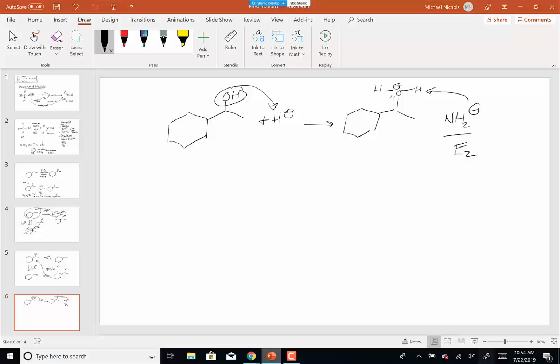Which works if we know the reagents. So HCl works, but it has some issues. It could rearrange.